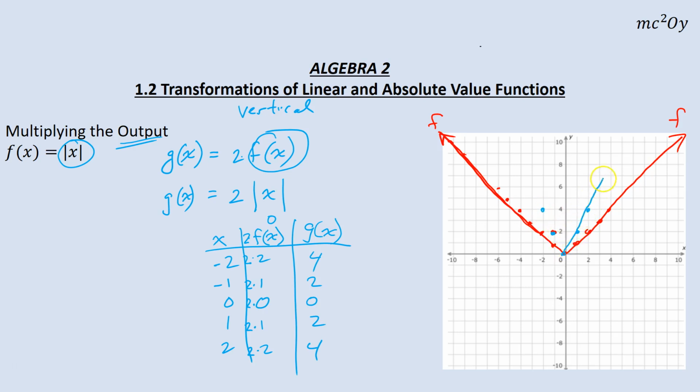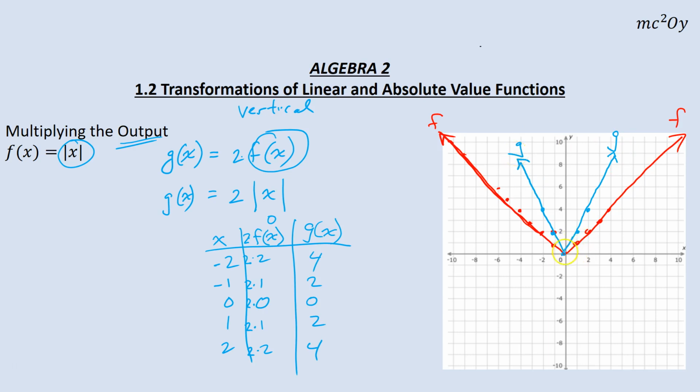Notice we end up with a graph that does something like that. Let's fix that up here. That one's G, that one's G.